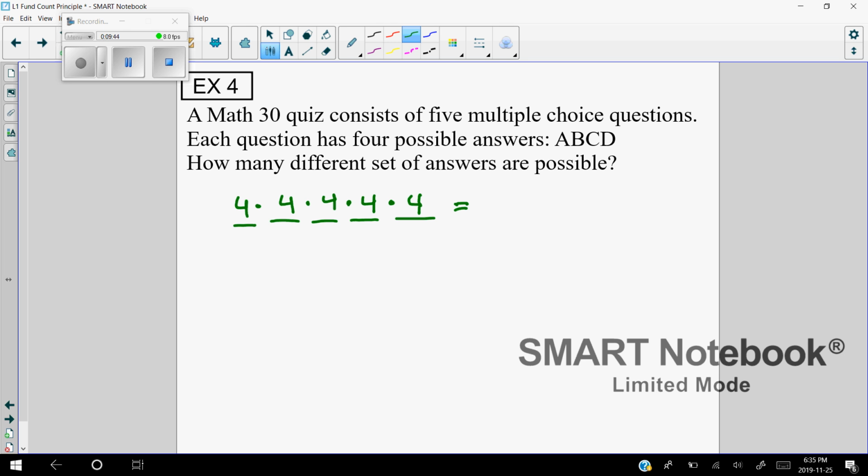So 4 times 4 times 4 times 4, 5 times, will give us an answer of 1,024. Out of those, one of them gives you 100% on the test. That's it. So 1 out of 1,024 chances of getting 100% if you were purely guessing.